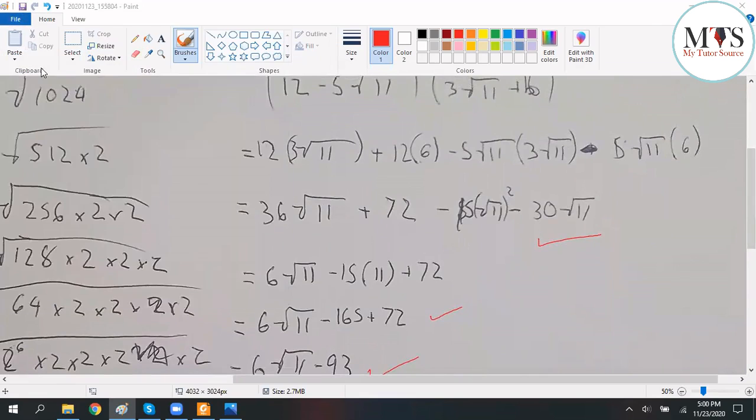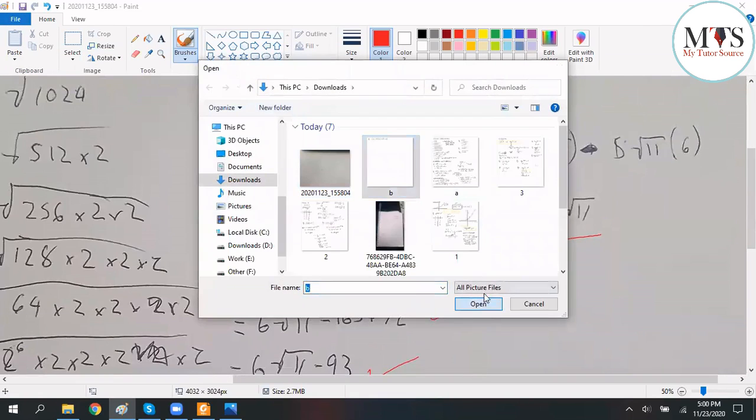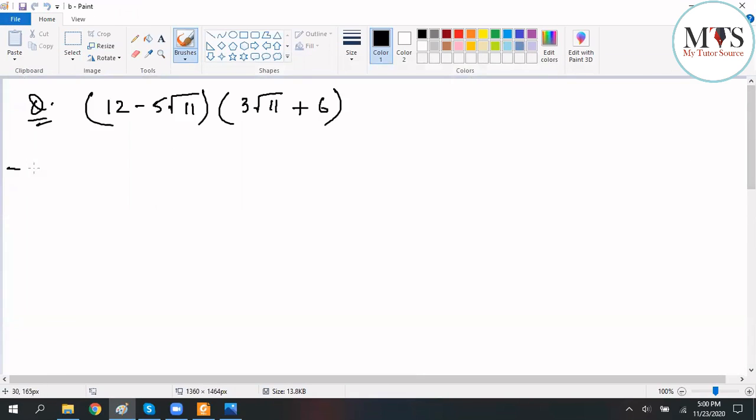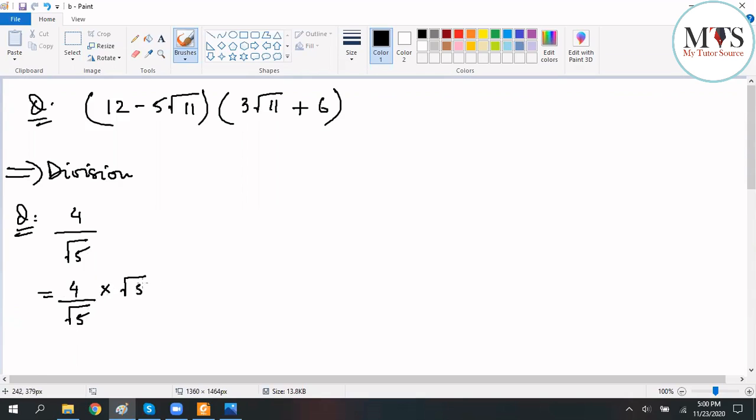So now the next thing is division. So in division, let's say we have 4 over square root of 5. In rationalizing this, what we do is we divide and multiply the numerator and denominator with the root in the denominator. Okay?